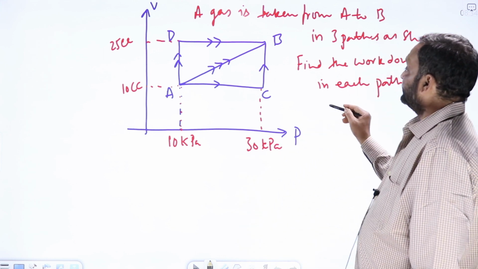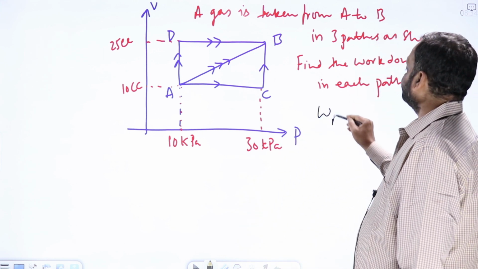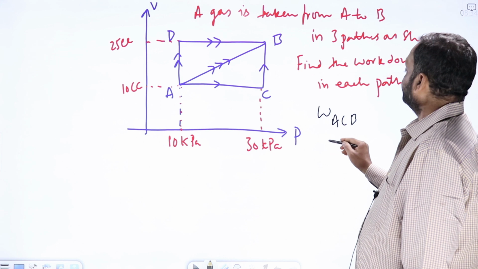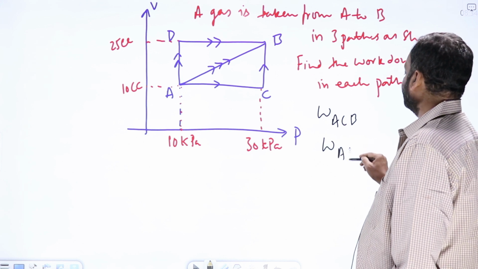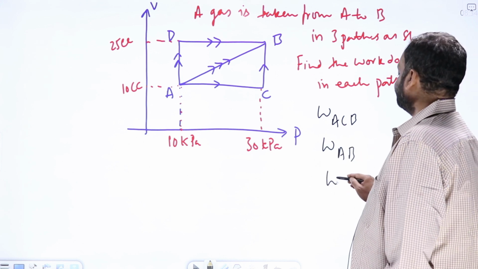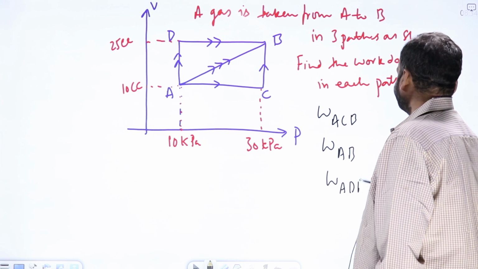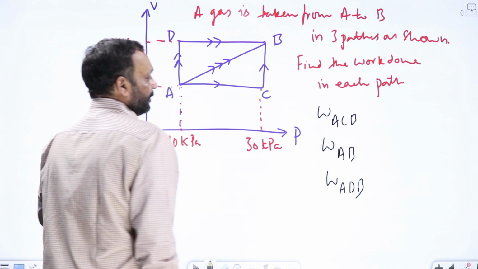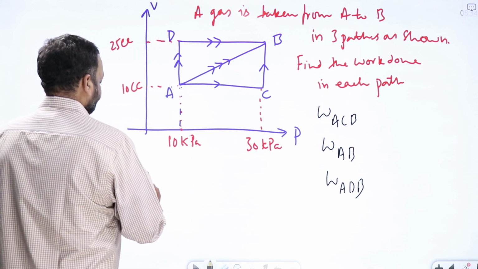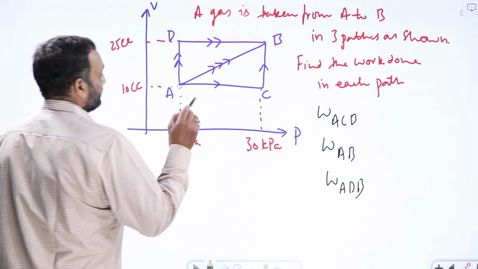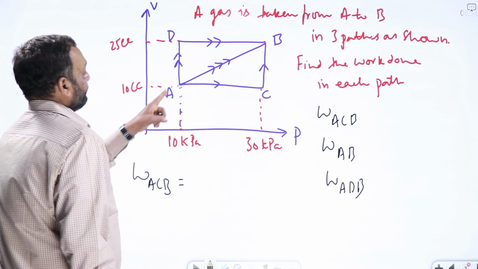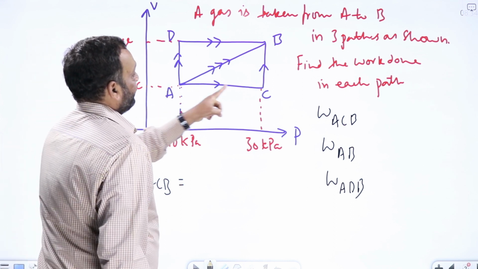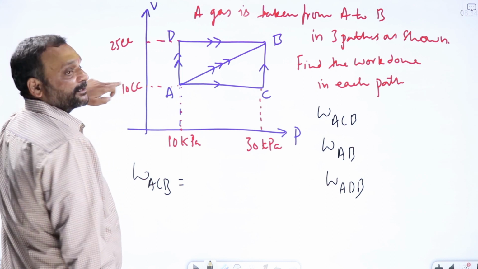So the three work done values are W ACB, W AB and W ADB. We have to calculate one by one. Now, what is W ACB? What type of process is it? Here from A to C, volume is remaining constant.